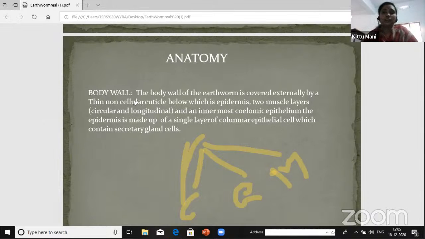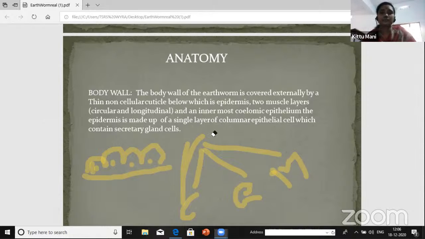Here, a single layer of columnar epithelium is present, and it contains secretory glands. The secretory glands secrete chemical secretions, like sebum, which moisten the skin of the earthworm, because it carries out cutaneous respiration through diffusion. So it is used for that.